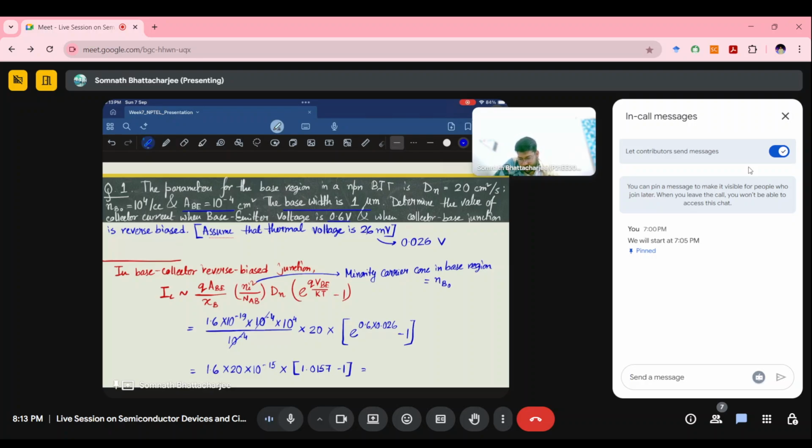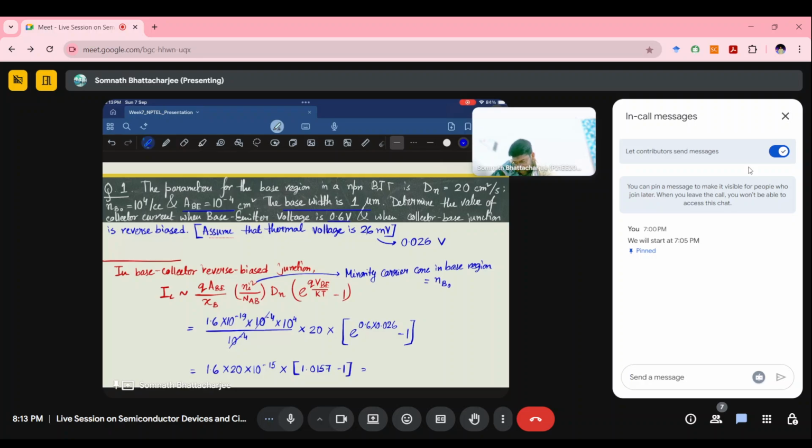So let's just do this, right? 10 to the power of minus 15. Are there any mistakes? So it comes out to be like this.